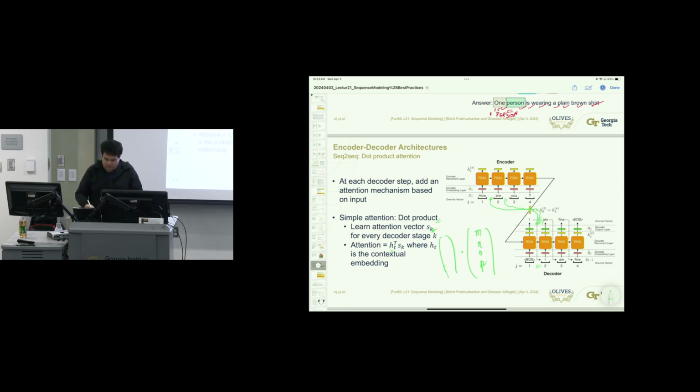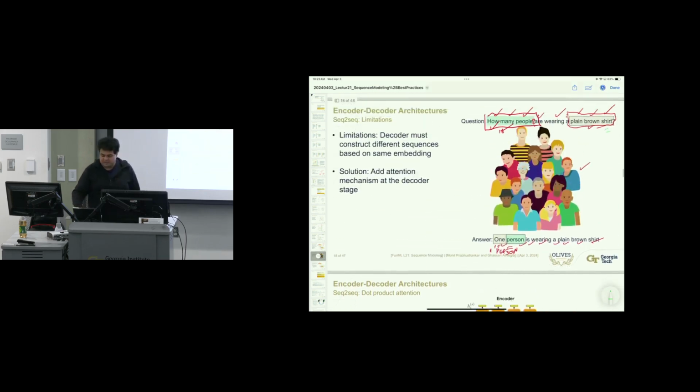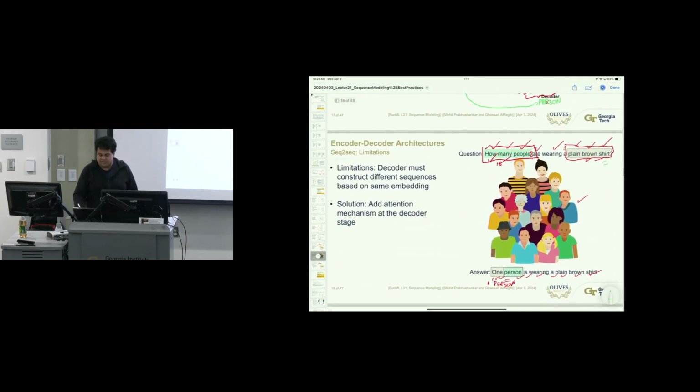The reason we can call this attention is again similar to the forget gate. If we have this as 1, 0, 0, 0, then the output is going to be completely dependent on the first word that comes out from your decoder, and not depend on anything else at all. So in our previous case, when we were discussing our encoder, with the last one, our plain brown shirt, let's say for this particular example the answer needs to be 1.